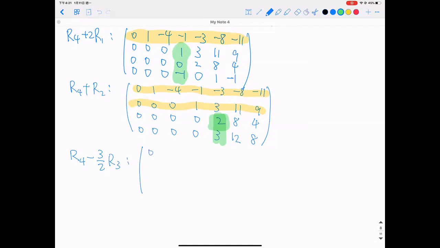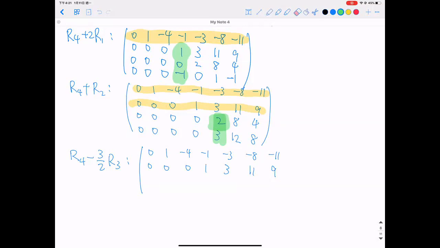Okay, now the resulting matrix is... Sorry, there's one thing I should have done before.